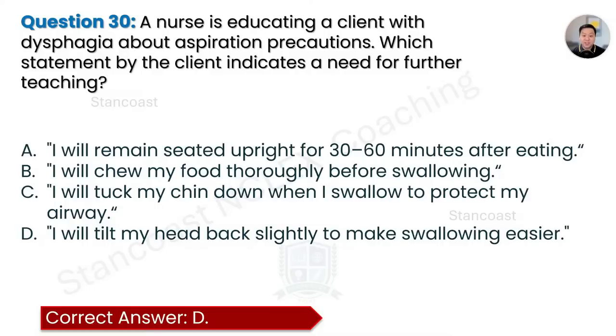And make sure that they chew their food before they swallow the food content. And also instruct the patient not to tilt their head backwards, because this can open the airway. So make sure that you have these key components in the aspiration precautions.